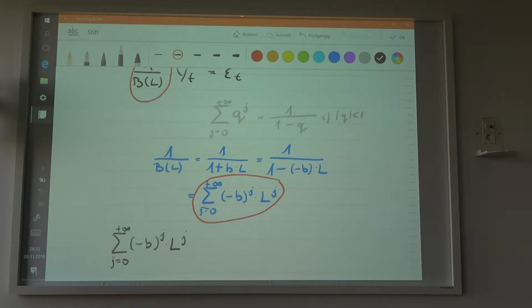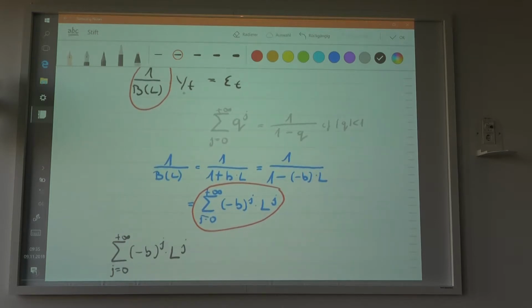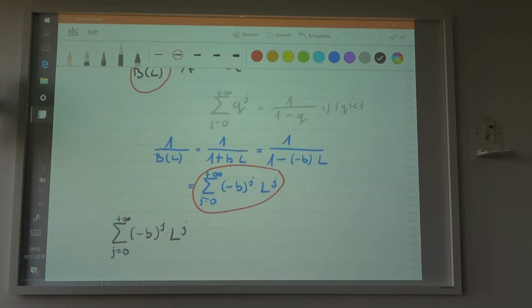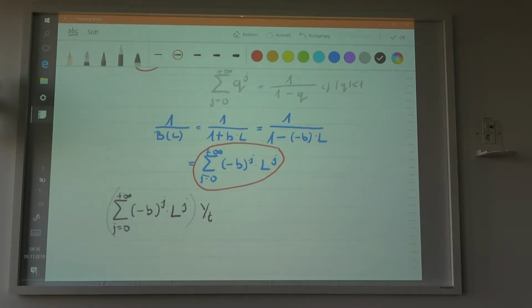If I multiply this expression by yt, then the lag operator to the power of j times yt is going to be yt minus j, obviously.